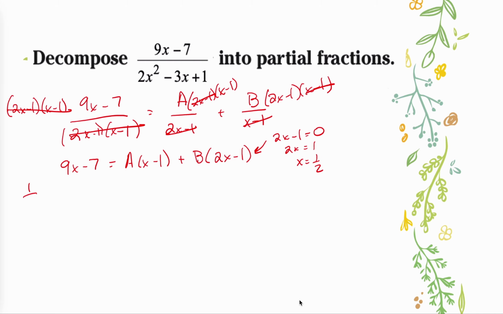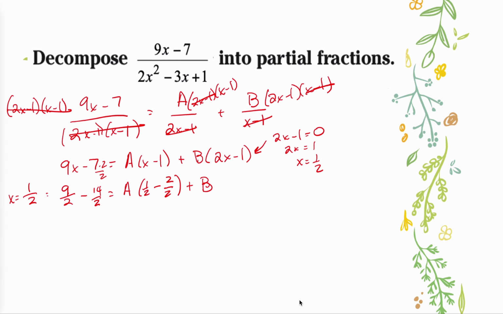So we're going to plug in x equals 1/2. Make this 9 times 1/2 would be 9/2. I'm going to go ahead and get my common denominator and make this 14/2, minus 1/2.